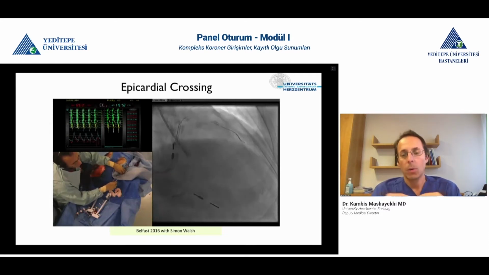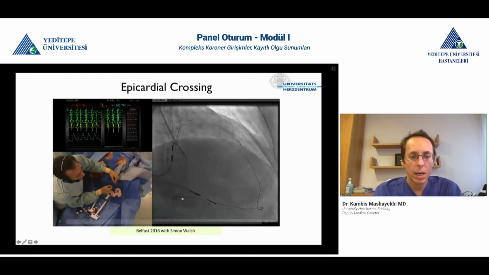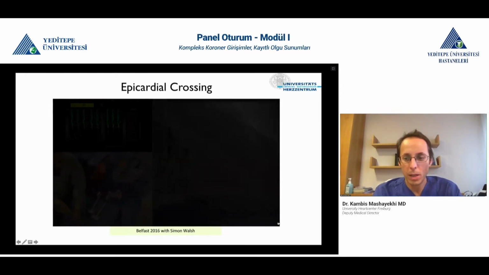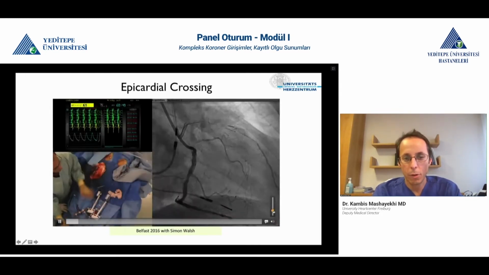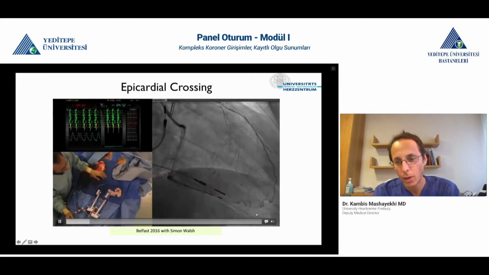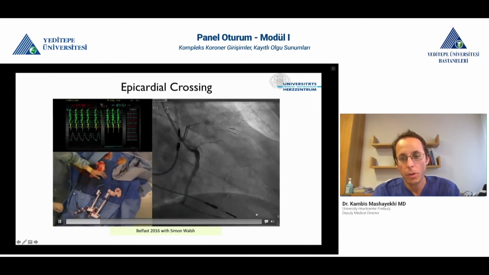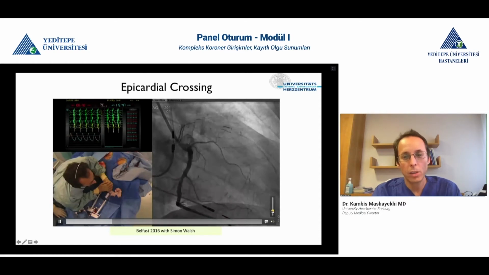So it was clear what we could see here, if I just repeat it for a second for you: first of all the analysis of the collateral connection, and then the microcatheter with a Sion Blue wire, a Sion Black wire.